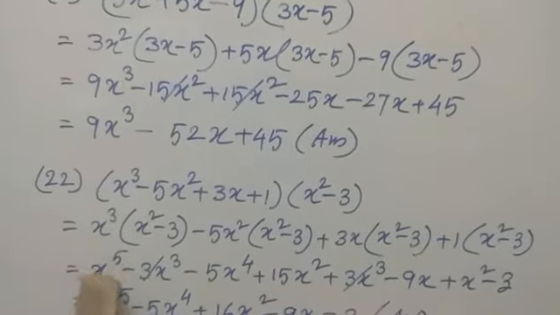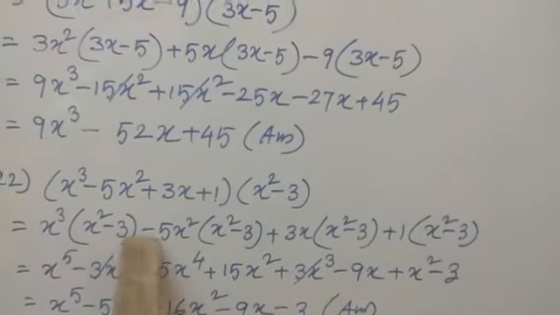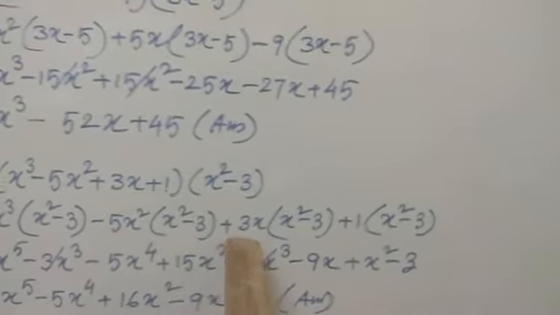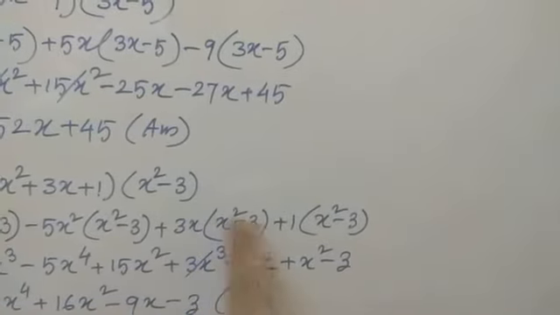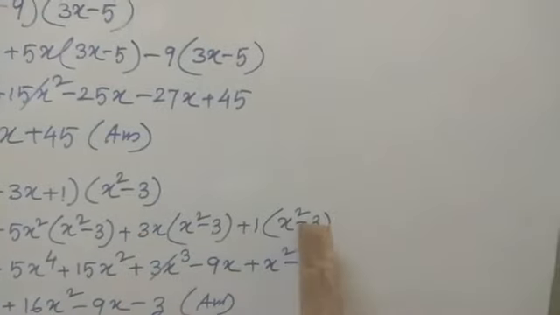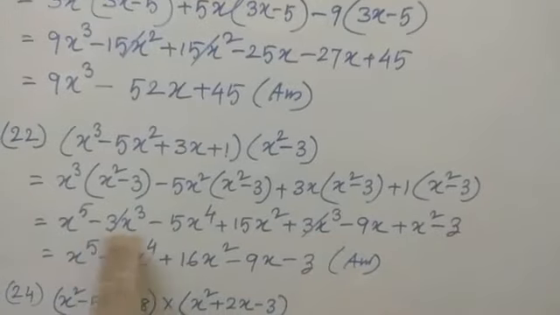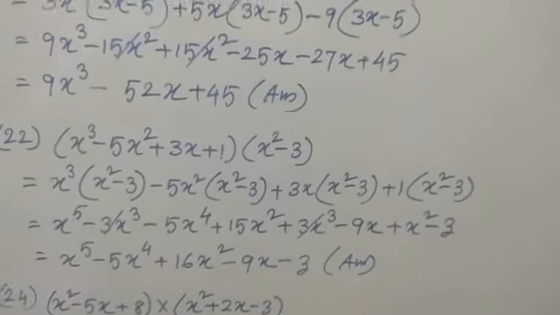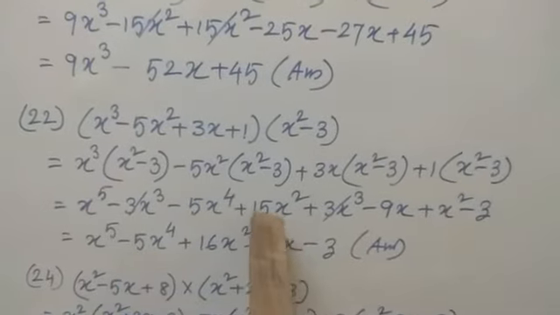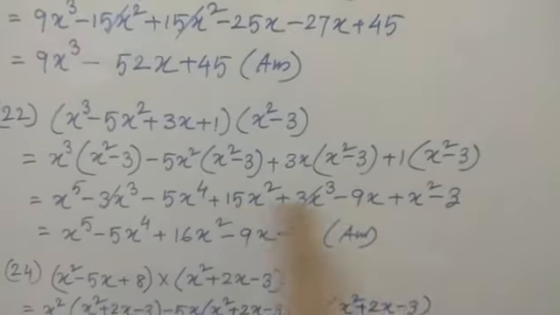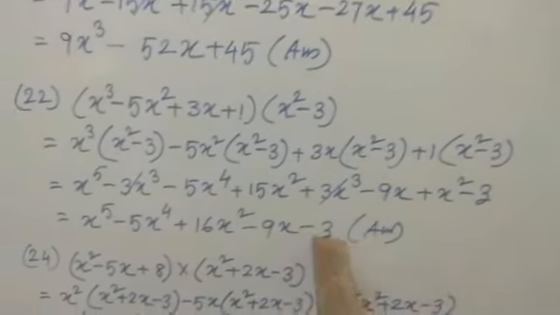So x to the power 5 minus 3x cube, minus 5 into x to the power 4 plus 15x², plus 3x cube minus 9x, 3 3 is 9, with the little coefficient x, plus x² minus 3. Now these are the two same terms, minus 3x cube plus 3x cube. So cut this. So x to the power 5 minus 5x to the power 4, 15x² plus x², 16x² minus 9x minus 3.